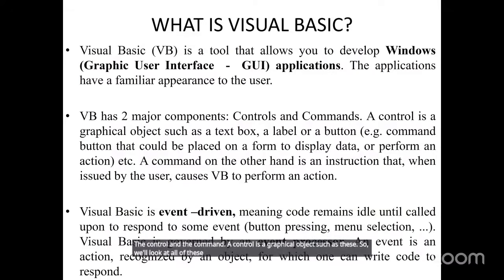The command, on the other hand, is an instruction that, when issued by the user, causes VB to act. So we have your controls. Place your controls all over the place, but the controls will not do anything in Visual Basic. They're just like empty things. It's the commands, the code written under those controls, that will make them trigger an event.